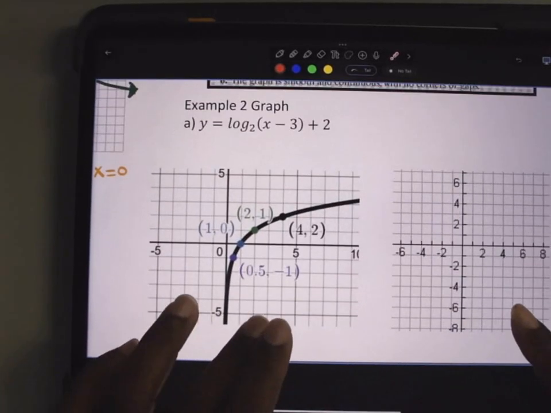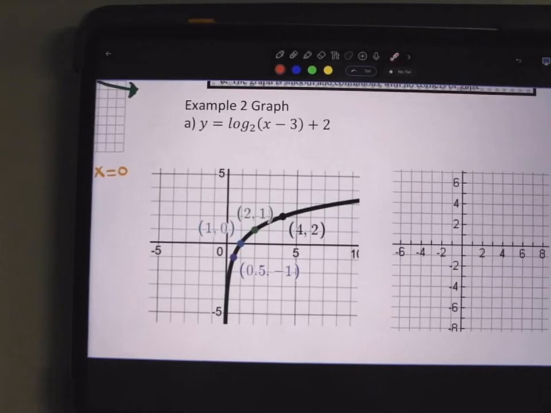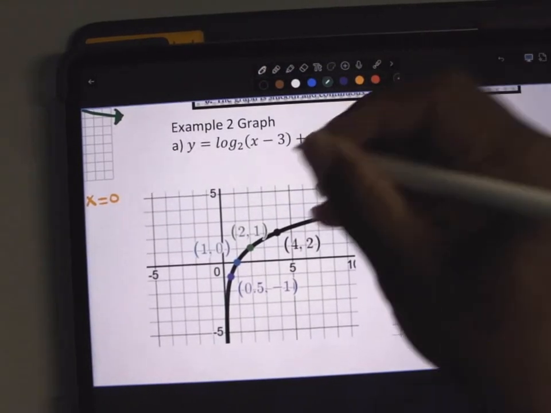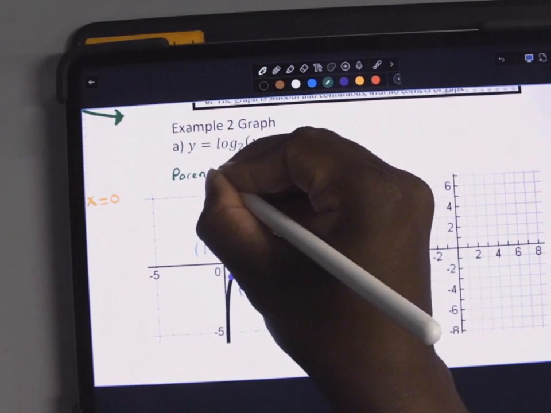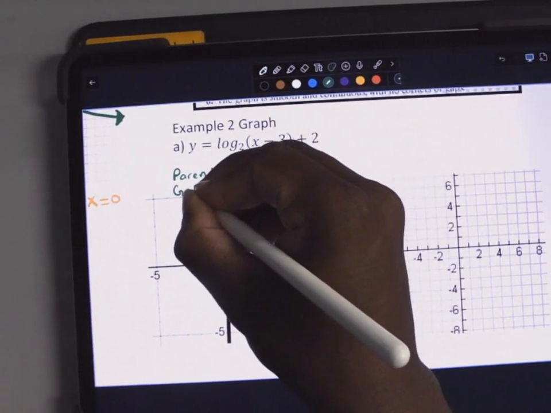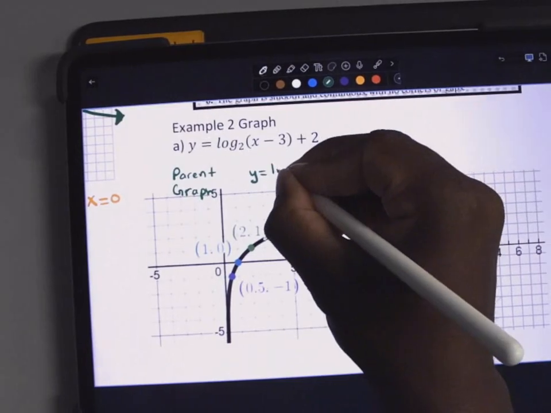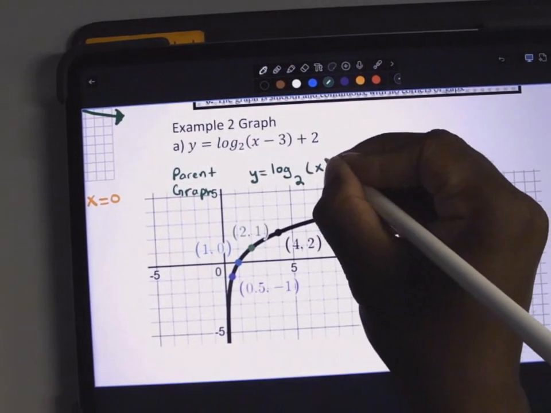All right, so in example 2, we have the parent graph laid out for us, and we're just going to transform this graph based on what we see. So the parent graph that we see here is y equals log base 2 of x.